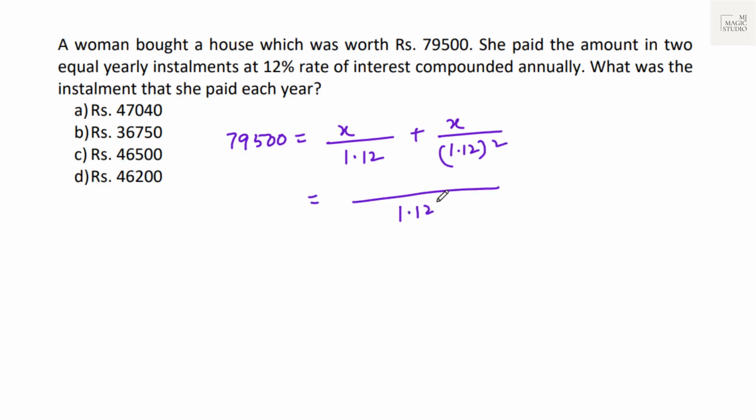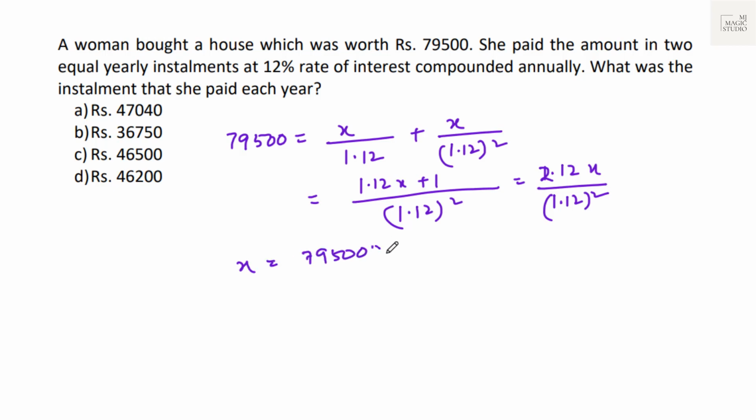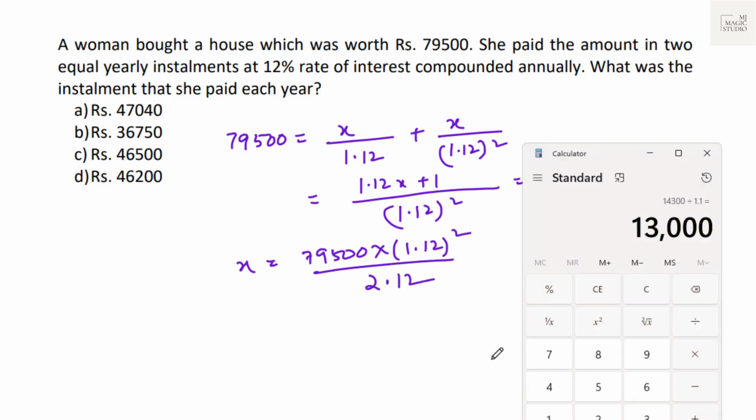So taking the LCM of 1.12 whole square, we get 1.12x plus x, that is 2.12x, divided by 1.12 whole square. So x is 79,500 into 1.12 square divided by 2.12.